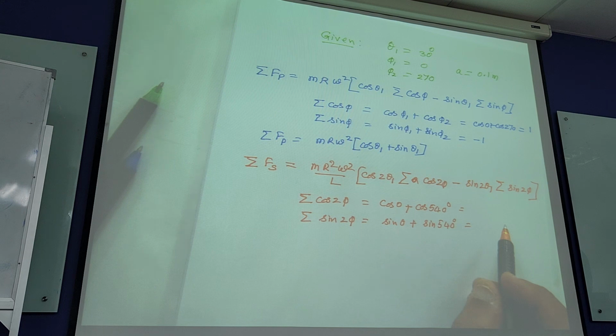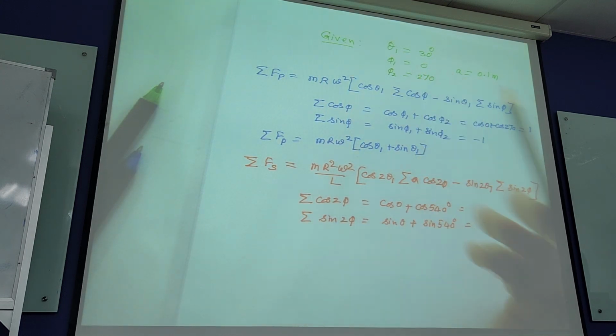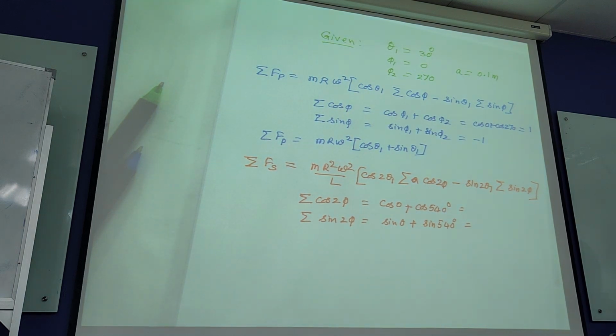Yes, the first one is cos 0, because phi 1 is 0, right? 2 into phi 1 is 2 into 0. Both are 0, so you get zeros. That means the secondary force is 0. So the shaking force is only due to the primary force.